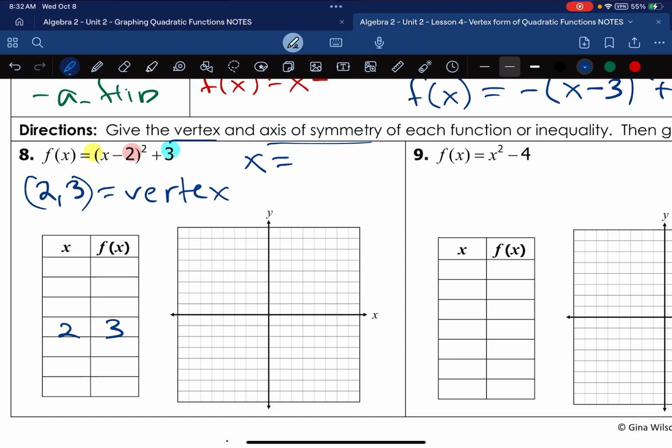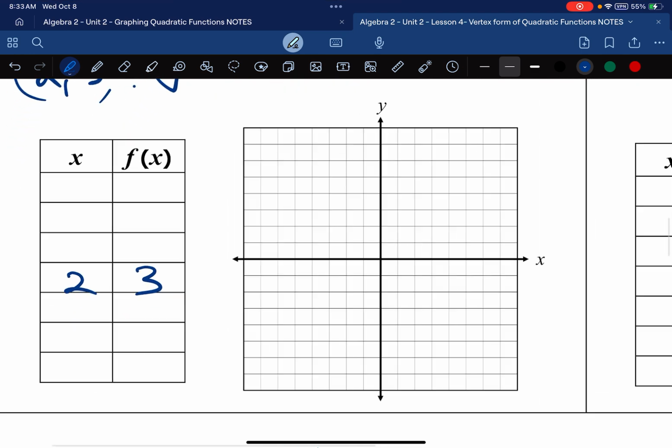Axis of symmetry is x equals h. So this would be x equals 2. So this is my axis of symmetry. I'm going to call it AOS, and call it V for the vertex. AOS for axis of symmetry, V for vertex.